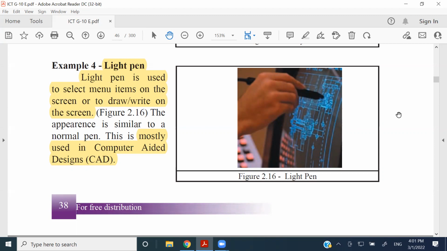When those things are done with the help of the computer, it is called computer aided designing. Got it, Sayuka? Okay.